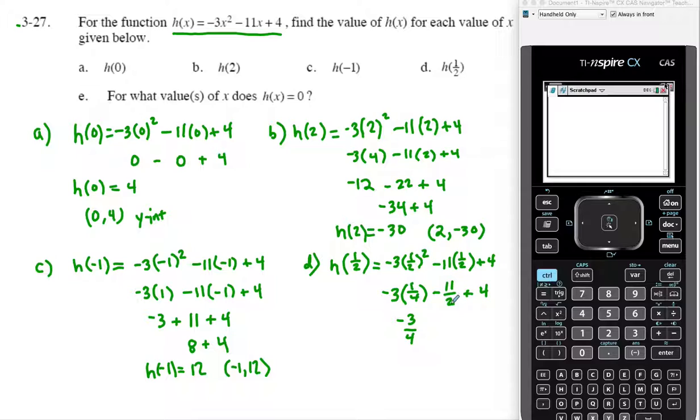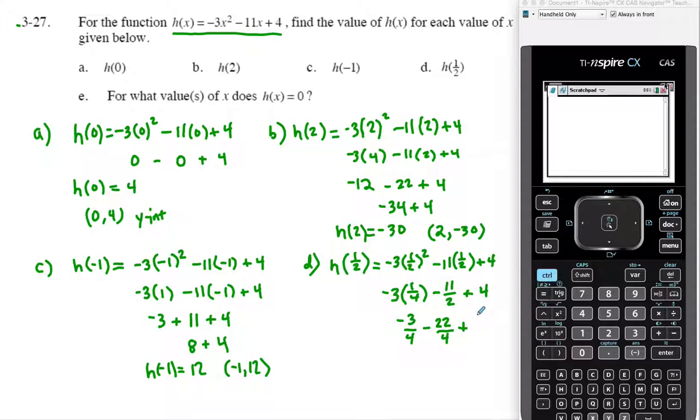Now when I subtract 11/2, I have to have a common denominator. So if we multiply the top and the bottom each by 2, that's really like saying -22/4. And since we're converting all these to fourths, we could also do that with 4. What do we divide 4 by to get 4? That would be 16.